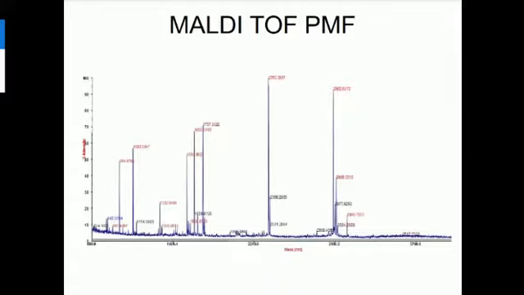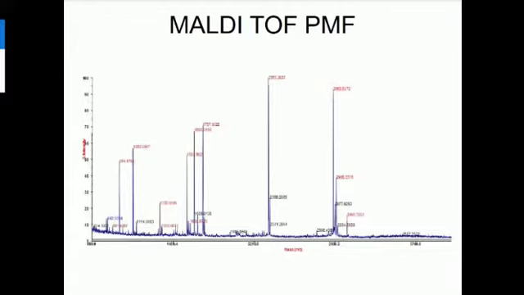I said that this is quick, so that's one of the reasons why MALDI is quite often used in peptide mass fingerprinting. You can put it on the MALDI slide, you can get a mass spectrum very quickly, and you've got this set of peaks. So the next stage then is to take these masses and do a database search.